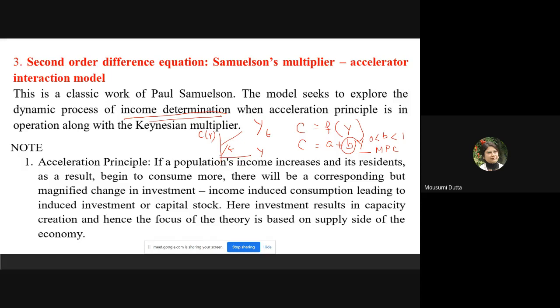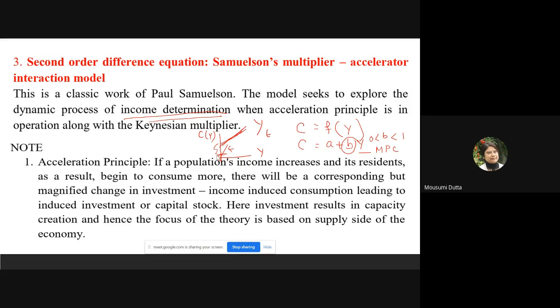However, your starting point is very small. MPC is very high for this country. And here, the consumption is more or less mildly increasing, and the starting point is very high.